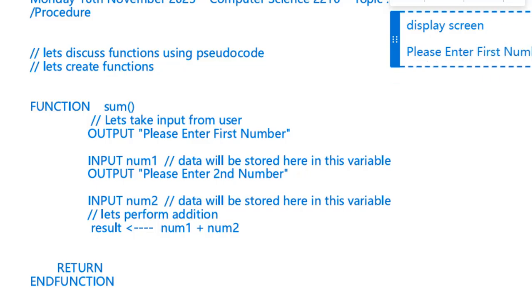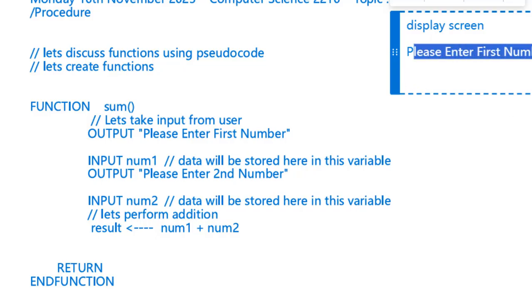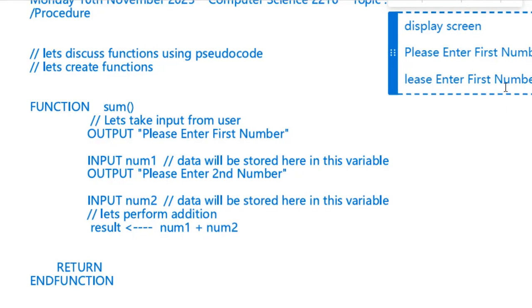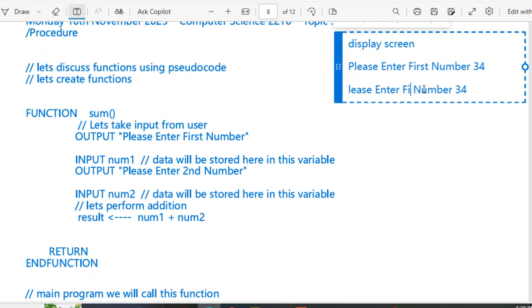Let's suppose the user enters 34. Next it will wait and then ask for please enter second number. So let me copy this. When this statement is executed, the user will see on the output screen, please enter second number. And let's suppose this time the user enters 11.